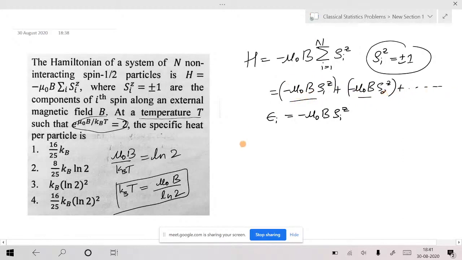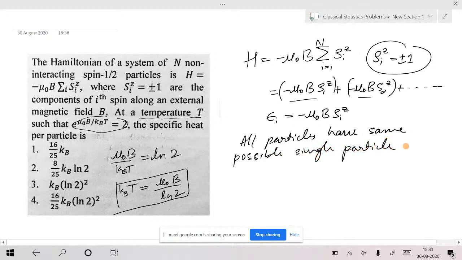Observe this thing: all particles have the same possible single particle energies. And the total energy is an addition of single particle energies, additive.